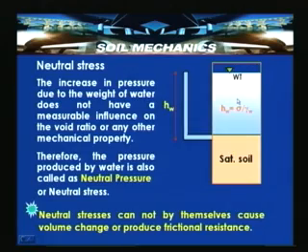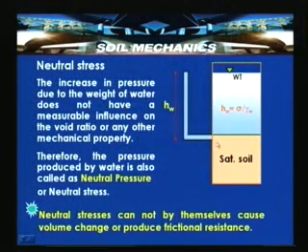Then we said that sigma is equal to sigma dash. Because of the placement of the lead balls, there is a decrease in void ratio, E naught minus E1, which induces some change in the mechanical properties of the soil that can change the shearing resistance. In this case, if it is subjected to an equivalent stress as in the previous case, the increase in pressure due to the weight of the water does not have a measurable influence on the void ratio or any other property.